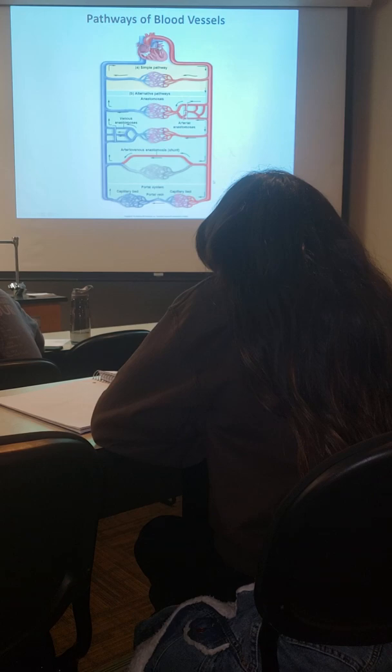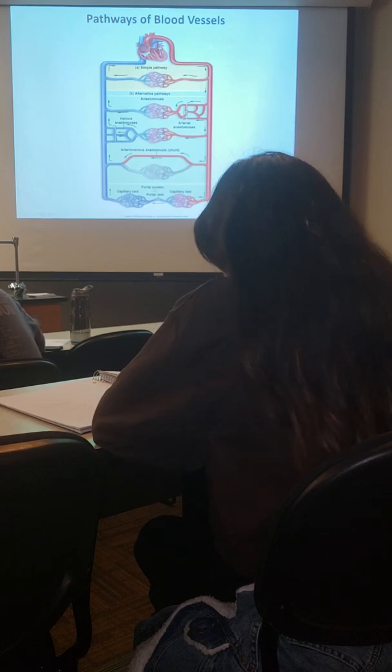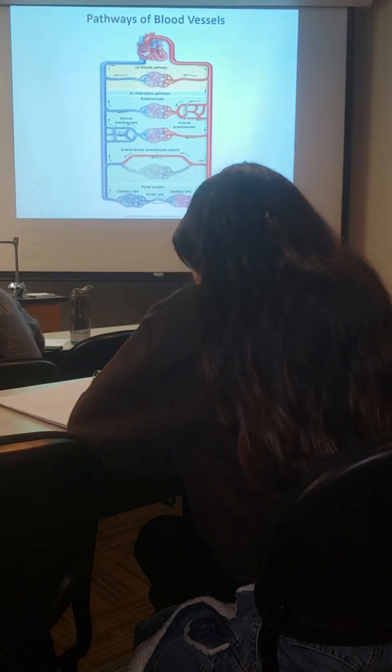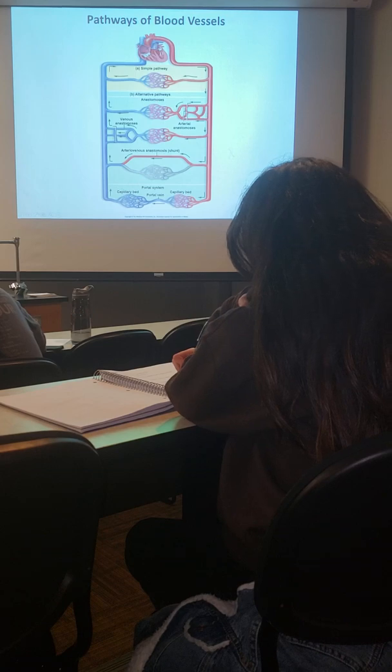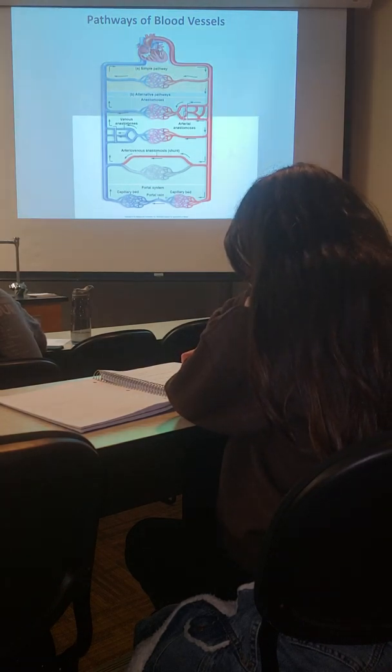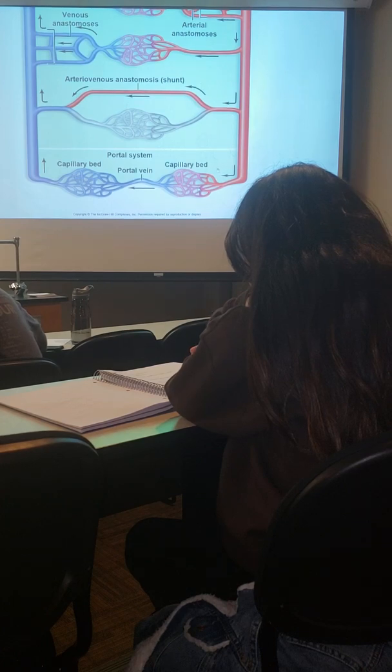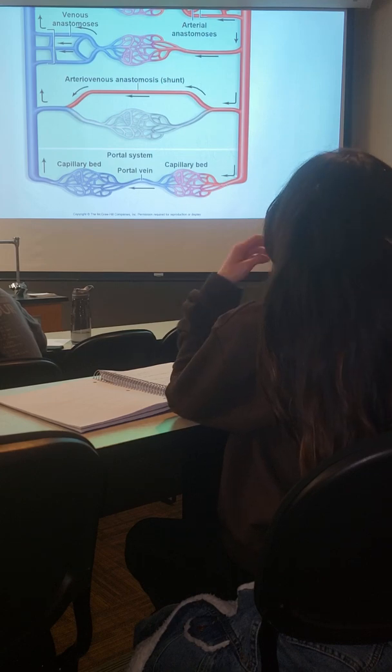Okay, now there's a special system called a portal system, and this is special because instead of the blood going through one capillary bed, it goes through two capillary beds, okay? Now, look at this right here. This first capillary bed, it changes from red to blue. What did we say the color red represented?